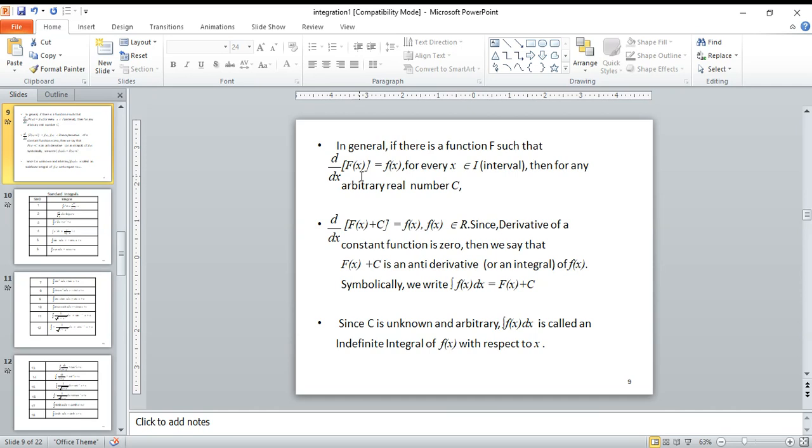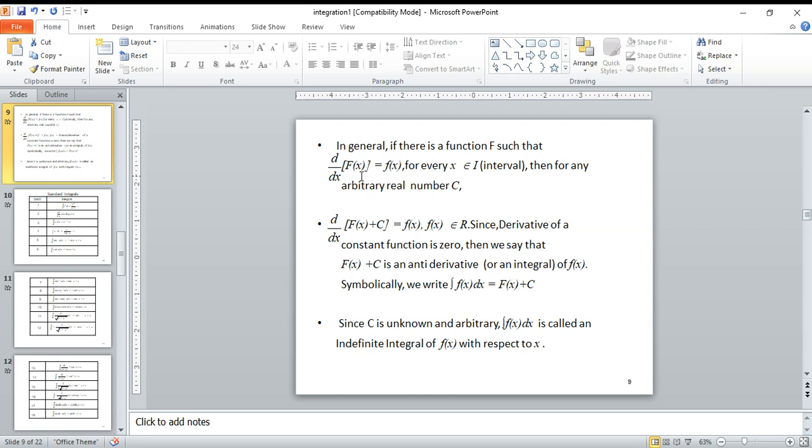In general, if there is a function F such that d by dx of F of x is equal to f of x for every x belonging to an interval I, then for any arbitrary number c belonging to R, d by dx of F of x plus c is also f of x, since the derivative of a constant function is 0.